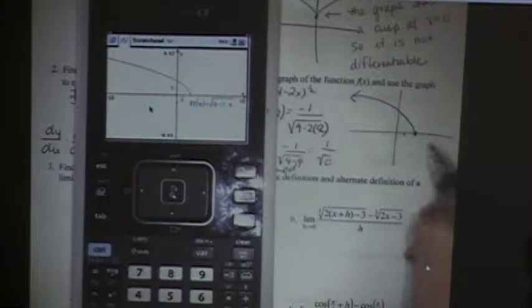So it is not continuous at 2, which is why it is non-differentiable. This one was non-differentiable because it had a cusp. This one is non-differentiable because it's not continuous. So I'm going to write not continuous at x equals 2. Therefore, f of x is not differentiable at x equals 2.